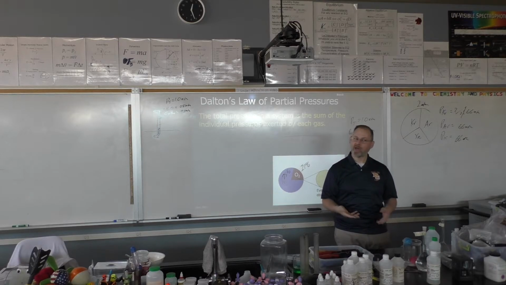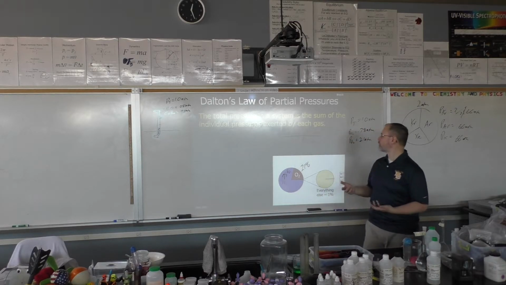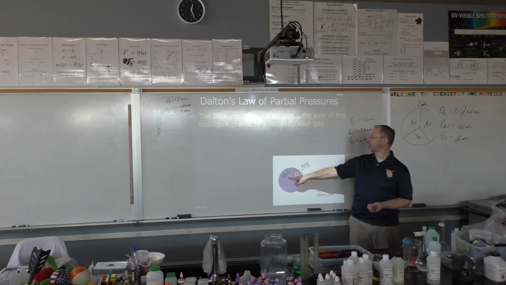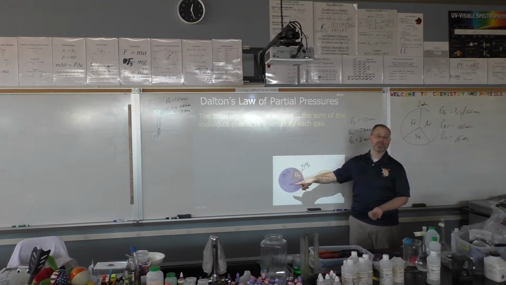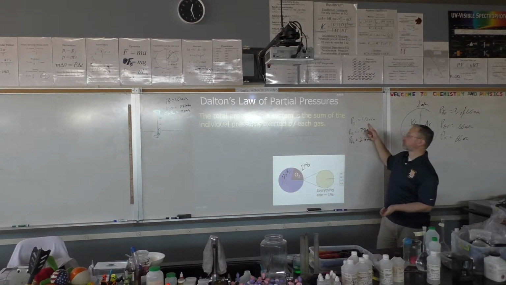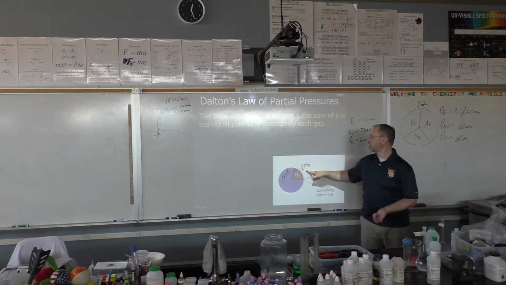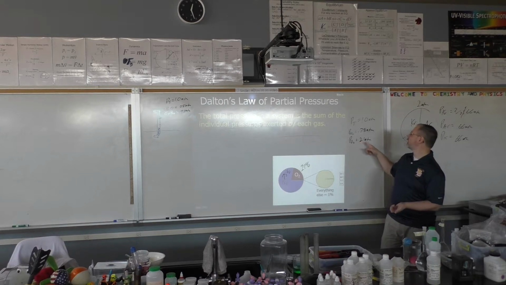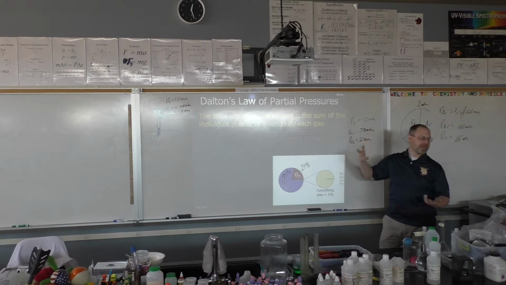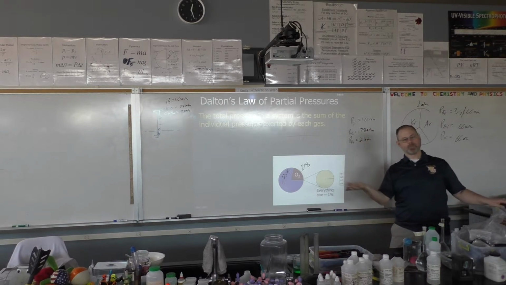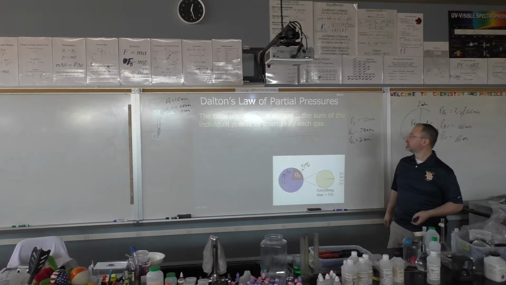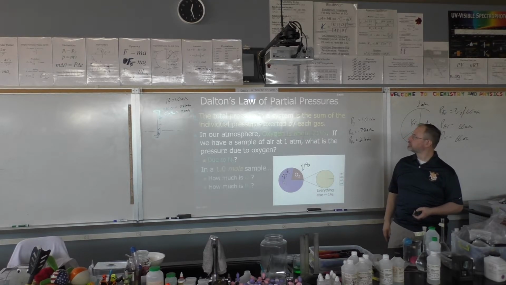And because of that, you can look at proportions. If 78% of your sample is one gas, then you multiply 0.78 times the total pressure. If 21% is some gas, you multiply 0.21 times your total pressure. And that gives you the individual pressures. Cool? All right, so this is just what we were talking about.